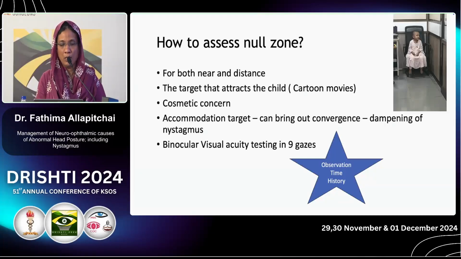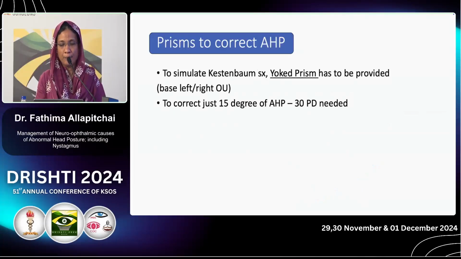That should also be found out. And binocular visual acuity in nine cases would help you to verify whether the AHP we have located is correct. Because suppose if we take left gaze, null zone is there, the patient's visual acuity would be more in the left gaze. So nine-gaze binocular visual acuity would help in that regard.